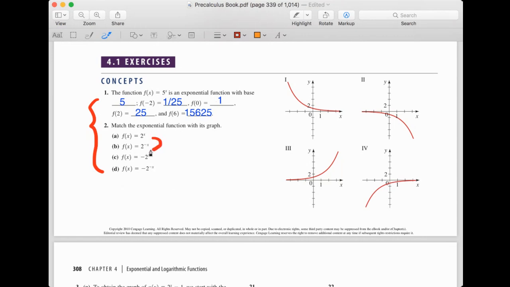B, I said, was the first one. Right, B is the first one, but wouldn't D be the fourth one? Yes, you are right. It's a reflection of B over the x-axis. Basically, you negate B.